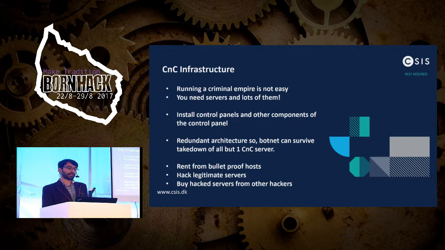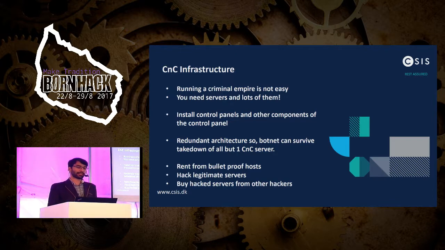And one other important part of general infrastructure is that it has to have a lot of redundancy. That means that if one or two of the hosts get taken down, it should still be alive, and generally it should be alive even if all of it gets taken down except one CNC server, and the malware should be able to send the bots the new list of CNC servers and recover from there. So how do you get that?